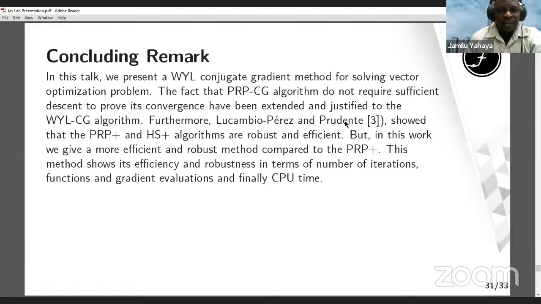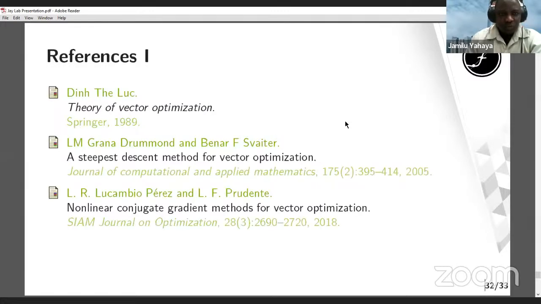Furthermore, Lucambio Pérez and Prudente showed that the PRP plus and HS algorithms are robust and efficient. But in this work, we give a more efficient and robust method compared to the PRP plus. This method shows its efficiency and robustness in terms of number of iterations, function and gradient evaluations, and finally the CPU time. These are some of the references.